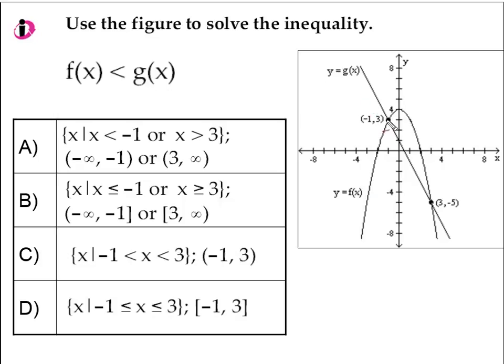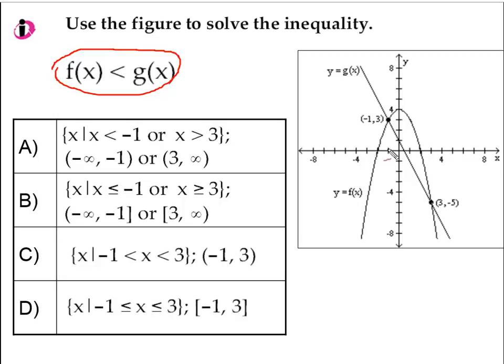Between these two points of intersection, that's not the case. The function g is less than the function f. If I pick x equals 1, g is smaller than f, and that's not what we want. We want f to be smaller than g. So it looks like to the left of this point of intersection, that's where we want to be. g is bigger than f. That's what we want.